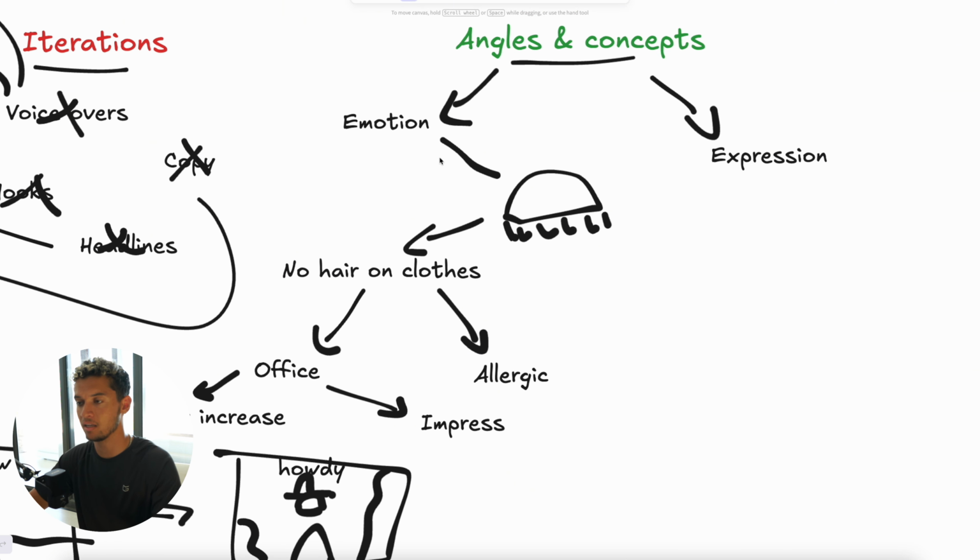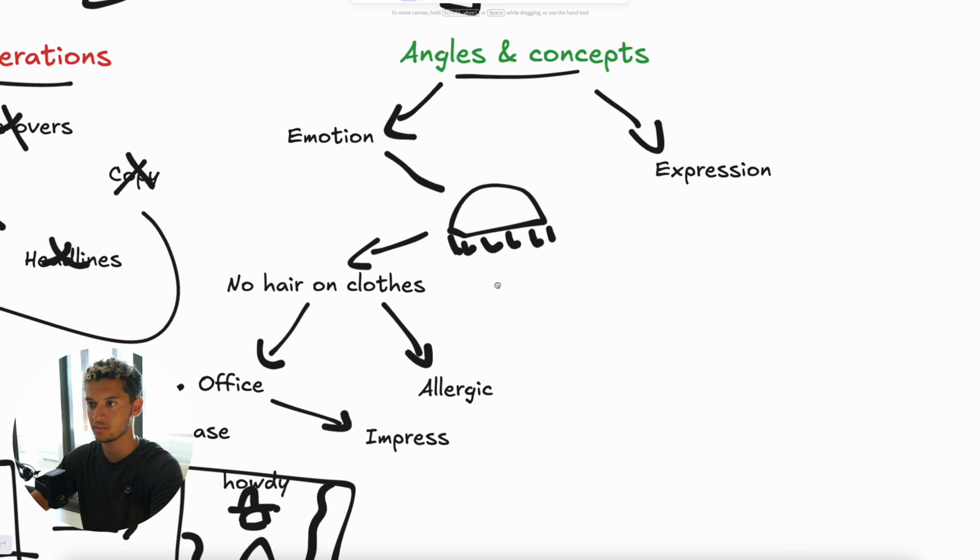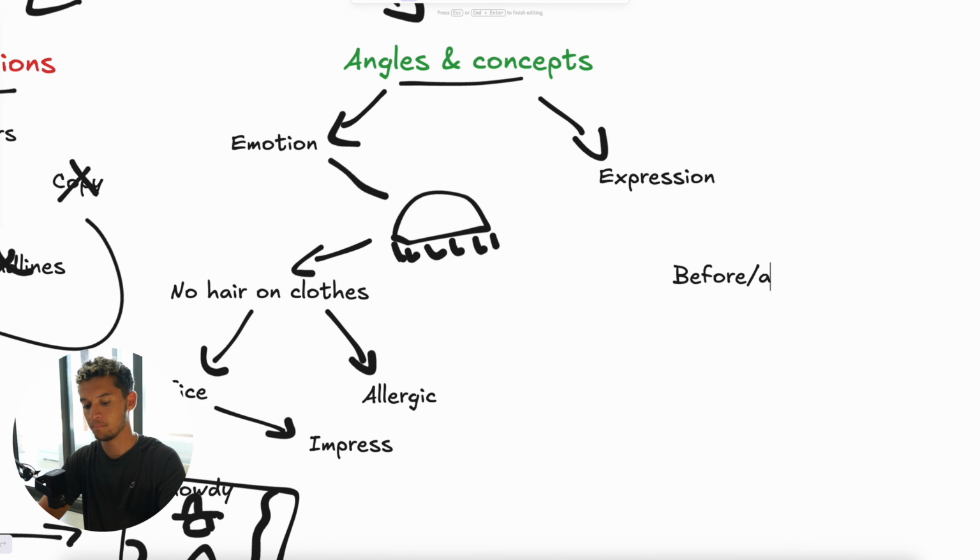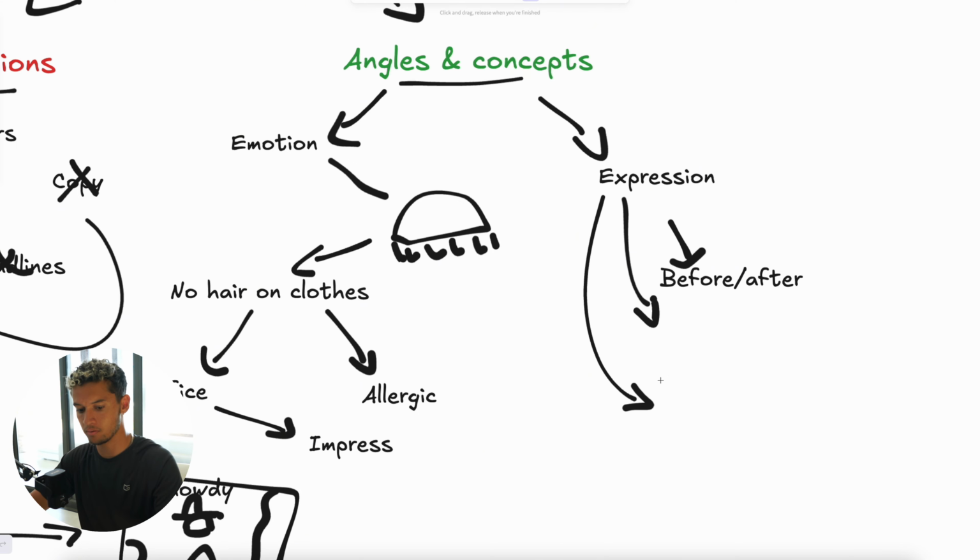Like these are different emotions, and we can go down the ladder when it comes to angles within angles. And then expressions would be before after. And if you don't know what a before after ad is, then I don't know what to tell you. Let's do 3 here also.